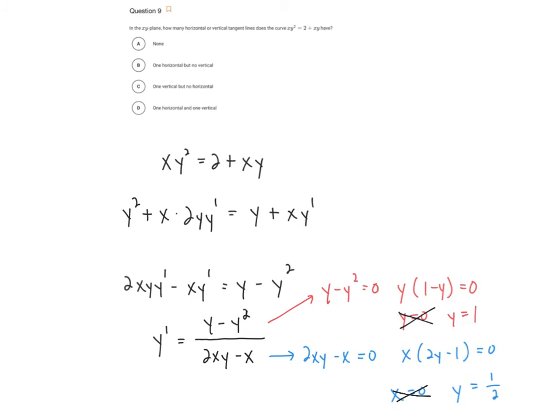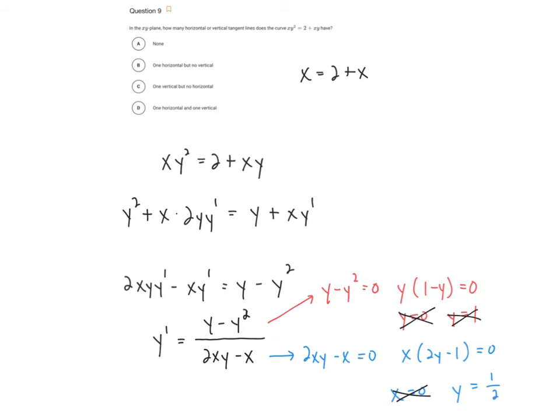If we plug in 1 for y, then there are values of x that work. Oh wait, let's see. If you plug in 1 for y, you get x equals 2 plus x, and actually that can't happen either. So y can't be 1. Let me make sure about that. Yeah, that's kind of tricky.